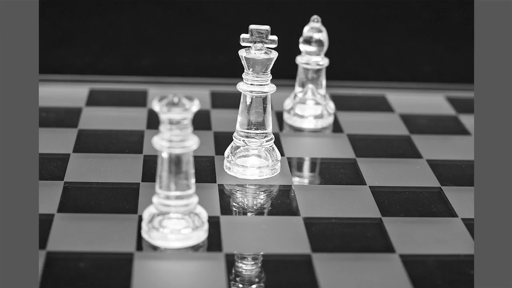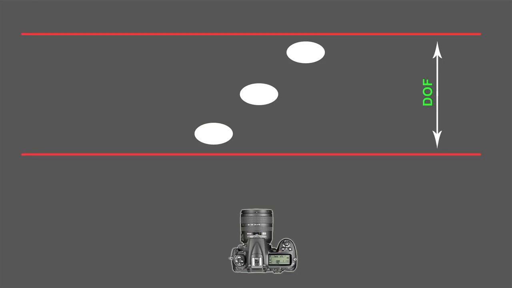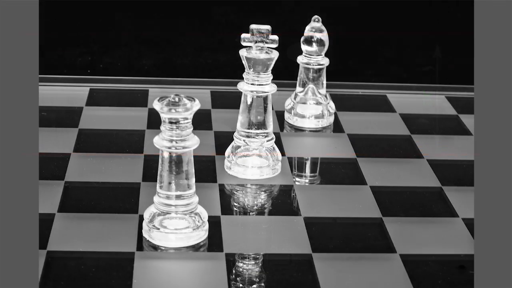But what if we want to keep them in this position but still get all three subjects in focus? Is it possible? Yes, it is possible. All we have to do is change our depth of field. We have to make our depth of field greater, as shown in this diagram. See, all three objects are in focus now.